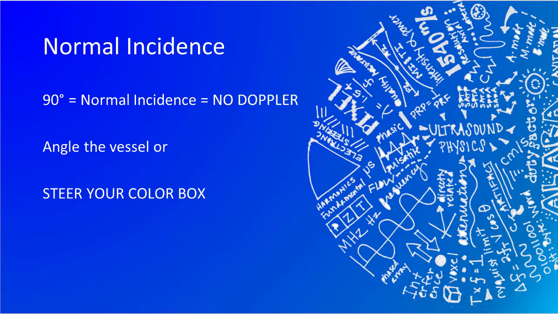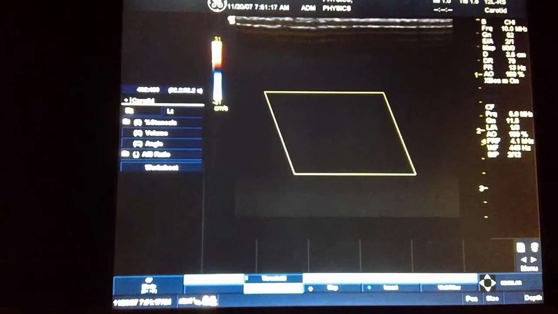Come in at 0 degrees, use the correct window that gives you that 0 degrees, or push your probe, heel toe it, so you introduce an angle of the vessel that you're looking at to get an angle with the blood flow, or steer your color box so your color box is angled with the blood flow. Best practice is to not only heel toe, but to also steer your color box.